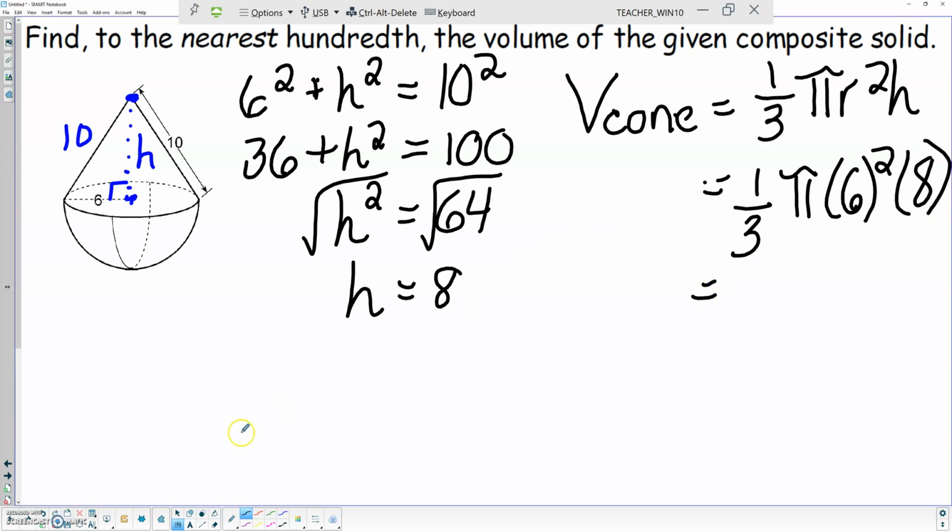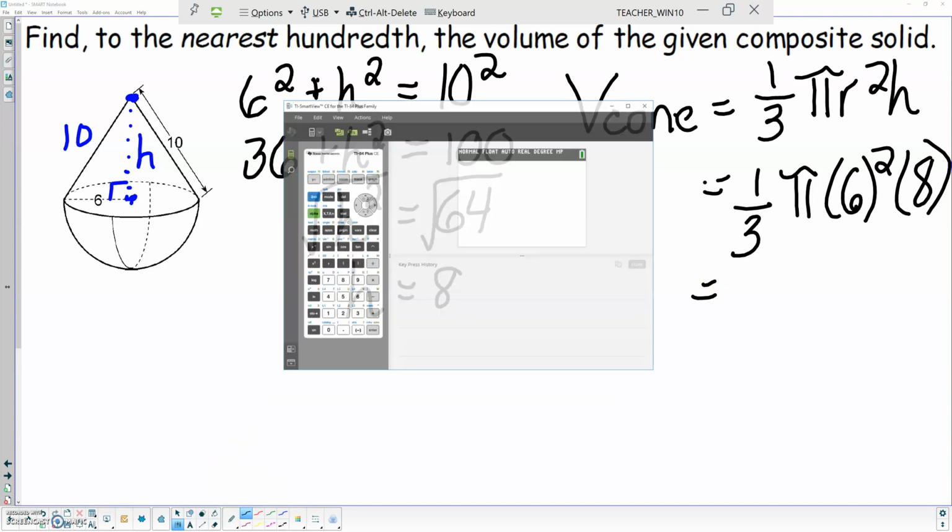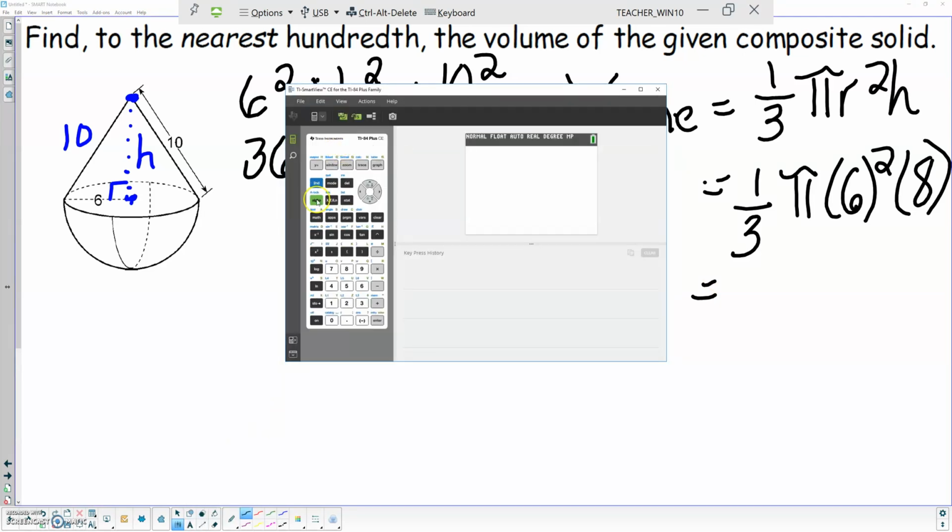I'm going to put this in the calculator: 1/3 times pi times 6 squared times 8.